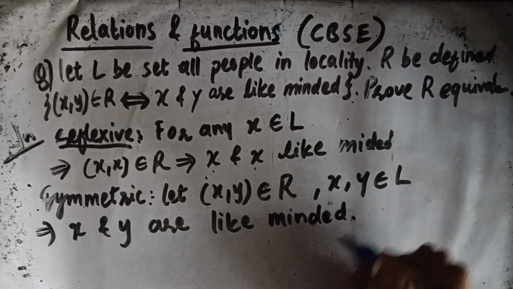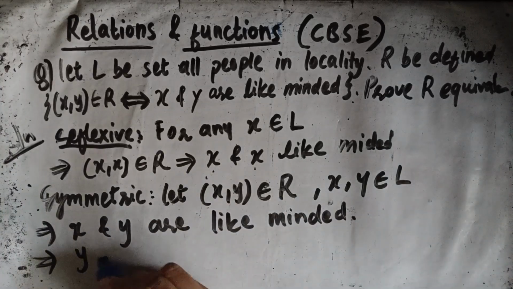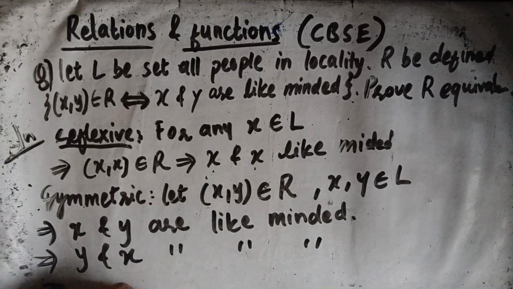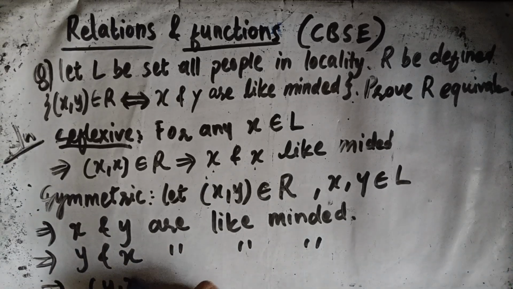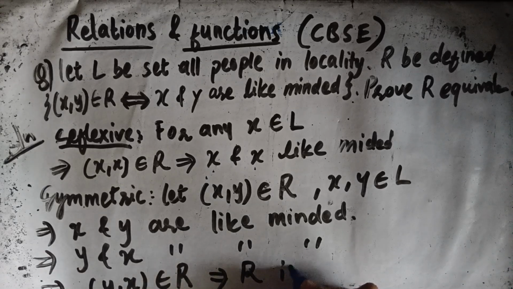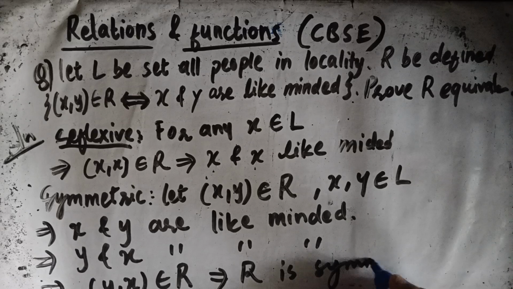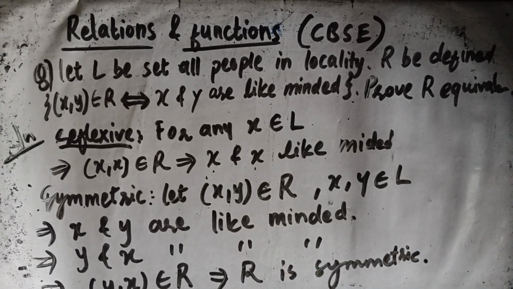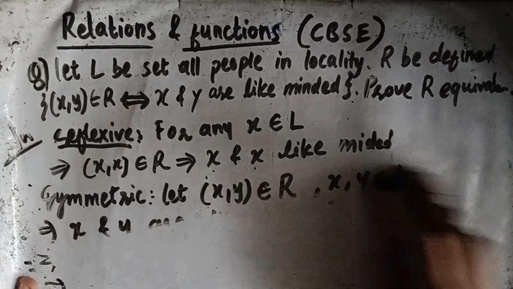So the other way also it is true, that is y and x are like-minded. This implies (y, x) belongs to R, that is the relation set. This implies R is symmetric. Now we have to prove transitive.